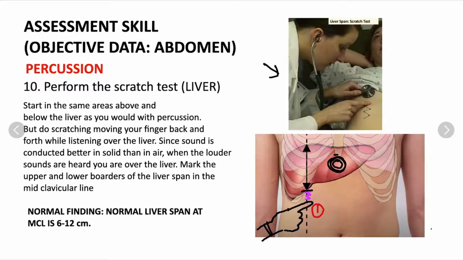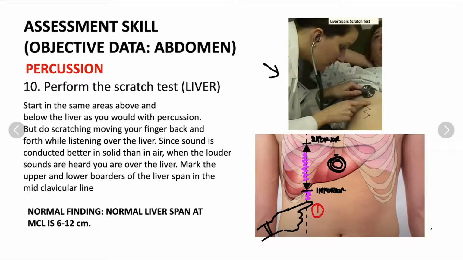Continue on your scratching until the sound of the scratch becomes slow or soft. Then mark that point. So this one would be your inferior point, meaning the lower portion, and this would be your superior point.